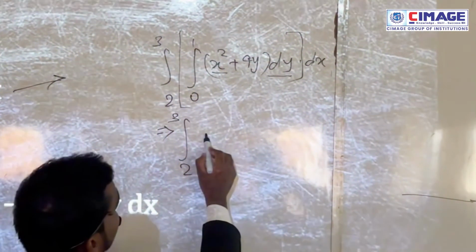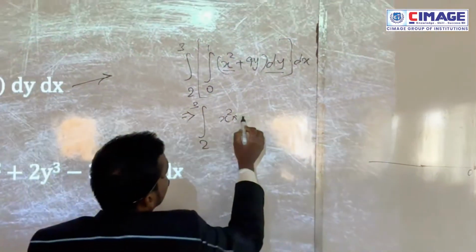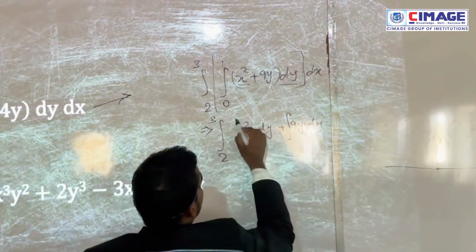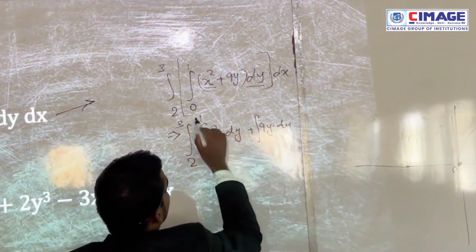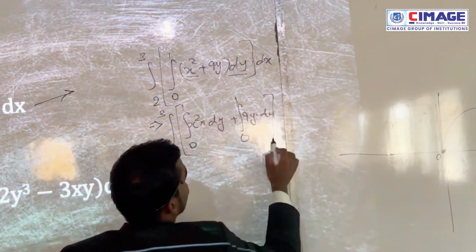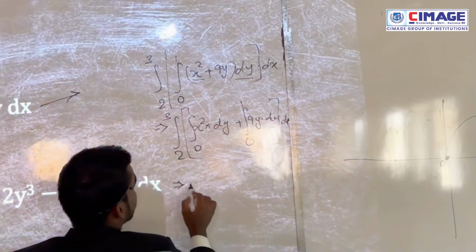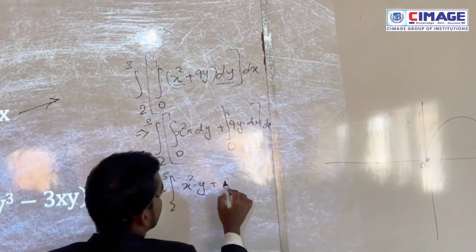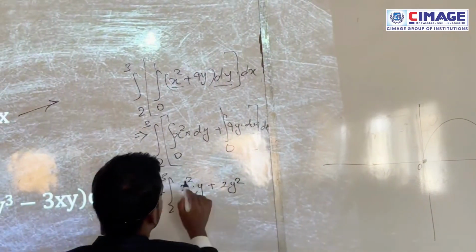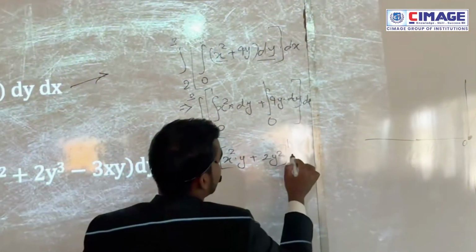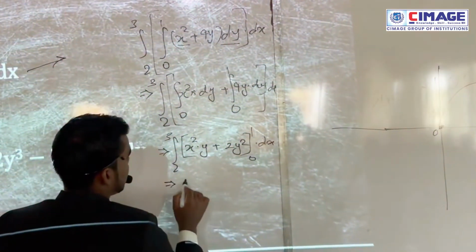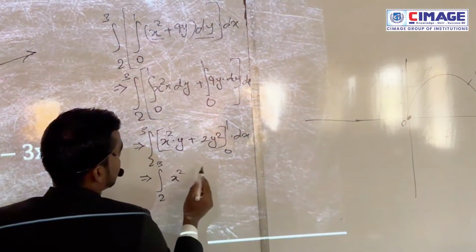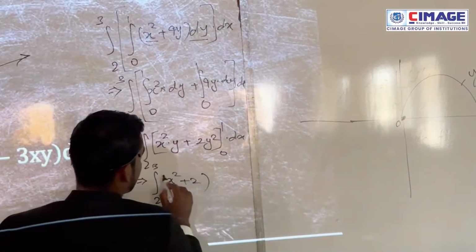So x square into dy plus 4y into dy from 0 to 1, and 2 to 3 dx. This gives x square y plus 2y square from 0 to 1, and from 2 to 3 it gives x square plus 2 dx.